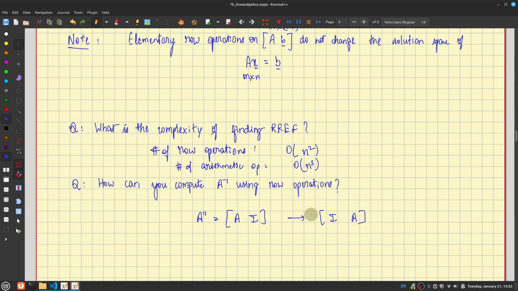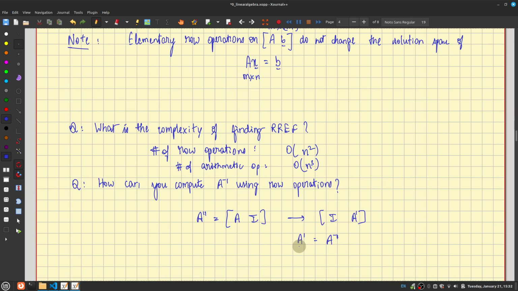So here we're assuming that A is an invertible n by n matrix. Otherwise, there's no point in trying to find A inverse. So you take the augmented matrix [A I], and then you perform row operations to bring it to the form [I A prime]. Then A prime would simply be equal to A inverse.